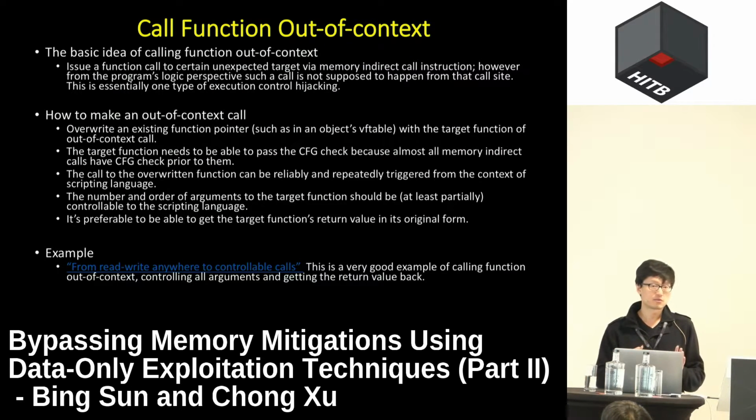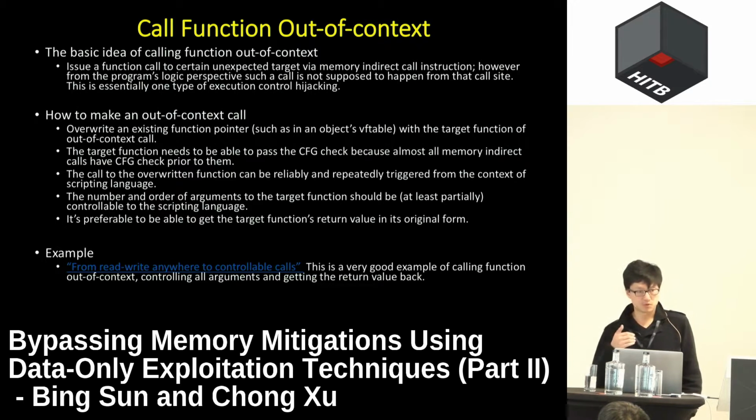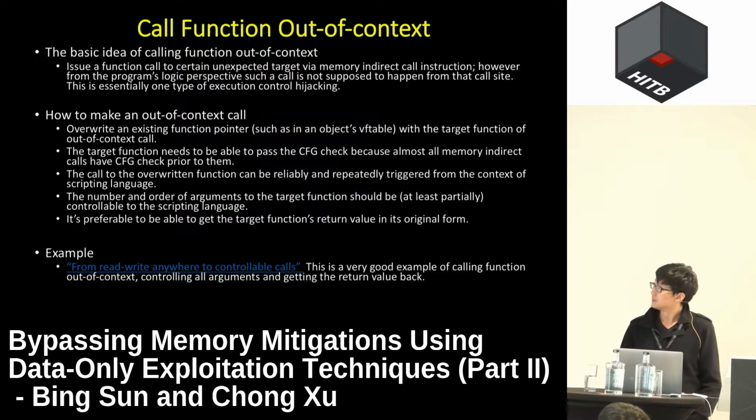Although this doesn't have any problem from the instruction execution's perspective, it does violate the program's original intention, because the object's method call instruction should only be used to call into the object's method rather than an arbitrary API, right?